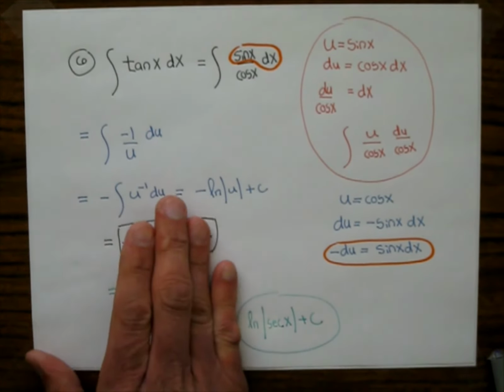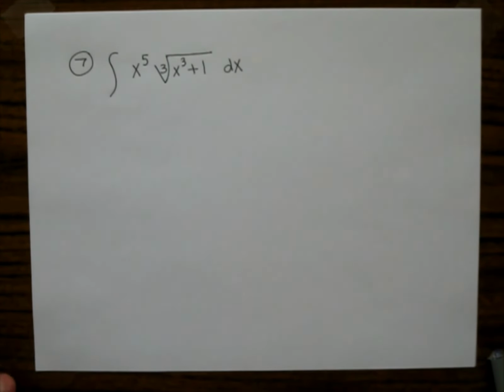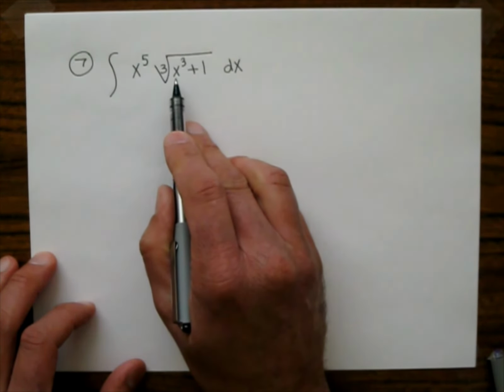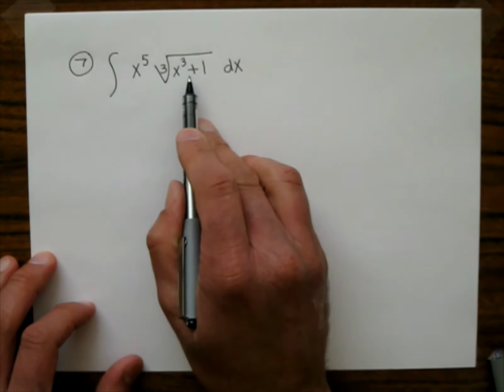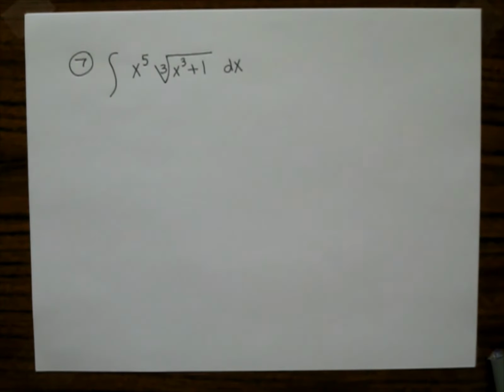Let's go ahead and do a few more problems here. Problem number 7. So here's problem number 7. We have the integral of x to the 5th, the cube root of x cubed plus 1. So how am I going to do this problem?